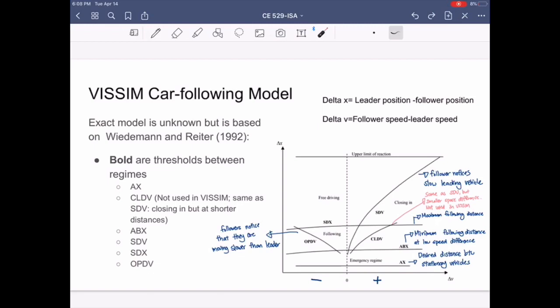Lastly, the emergency regime is where the relative distance is smaller than the minimum following distance at ABX. In this zone, the follower needs to decelerate in order to avoid colliding with the leader.